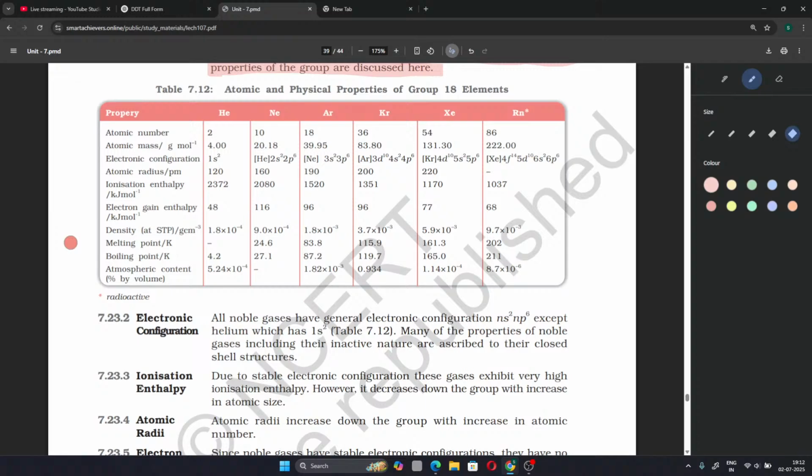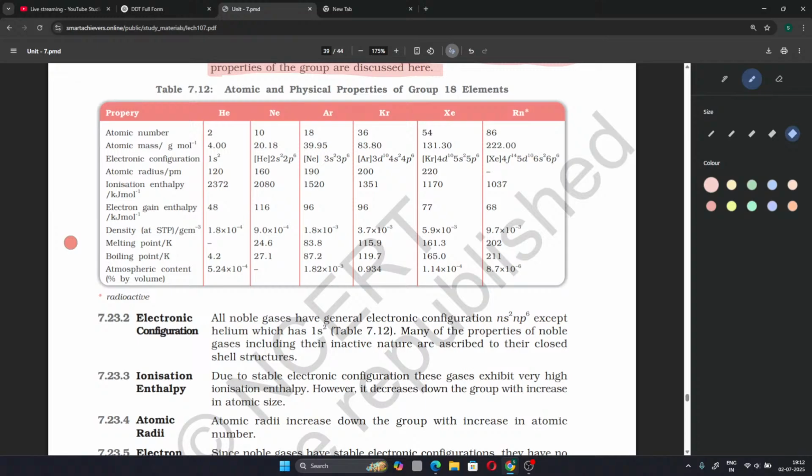The ionization enthalpy is really high. If we compare, nitrogen had an ionization enthalpy of 1400 kilojoule per mole, oxygen had approximately 1300, and fluorine had approximately 1600 or 1700.